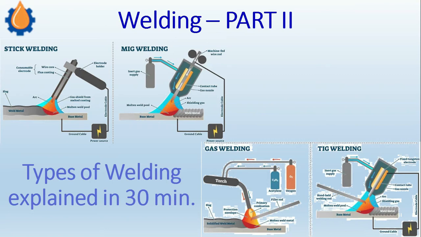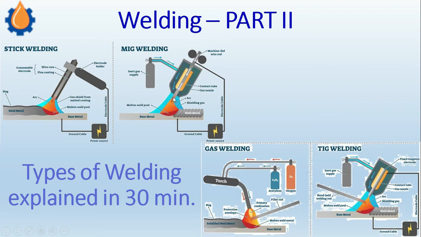In MIG welding, that wire is not coated with non-metallic flux, whereas in arc welding we have flux-coated electrodes, and in MIG there is a continuous gas shielding.